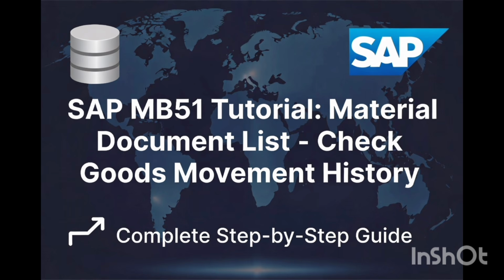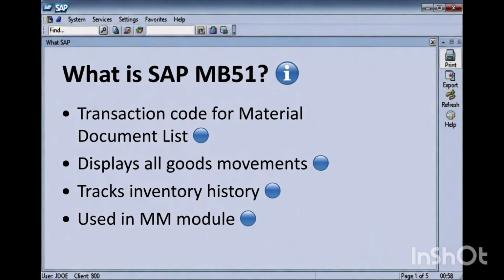So, what exactly is MB51? MB51 is the standard SAP transaction code used to display the material document list. It shows all goods movements that have taken place in the system, whether it's goods receipt, goods issue, transfer posting or physical inventory.